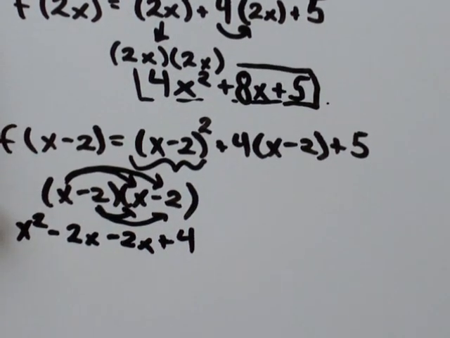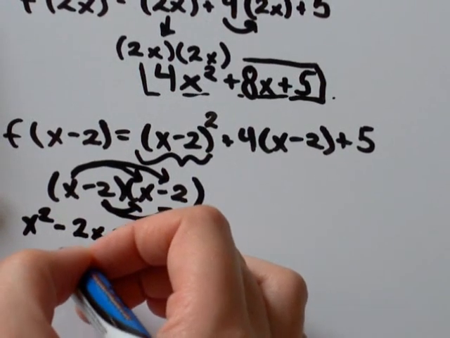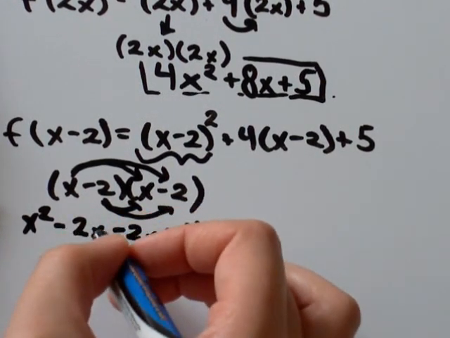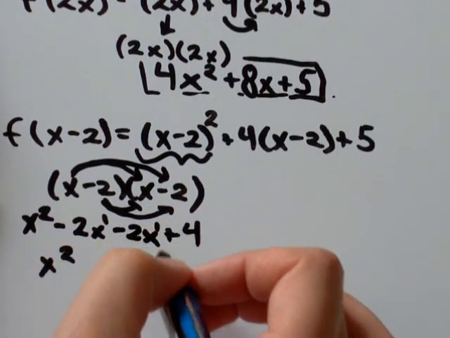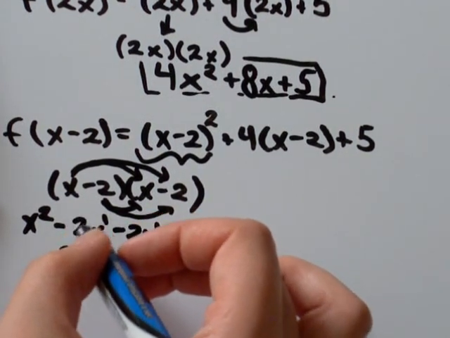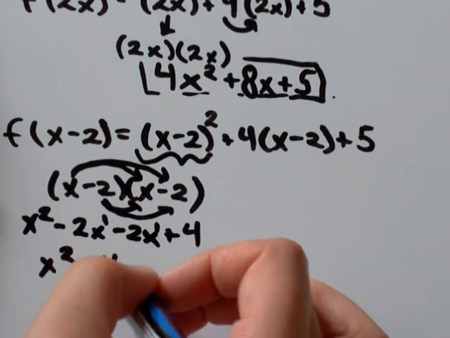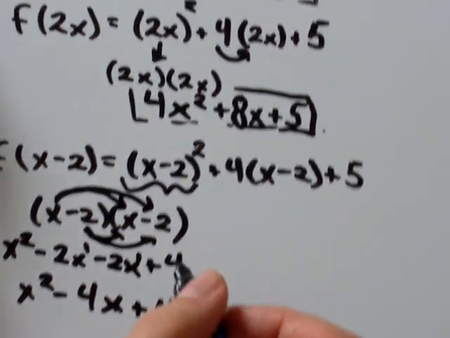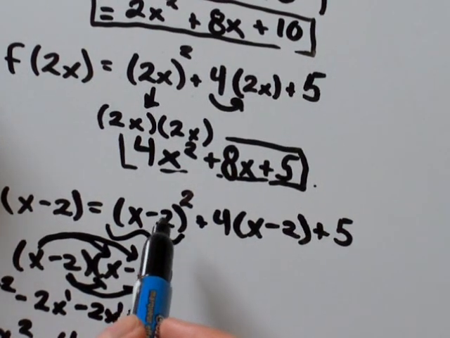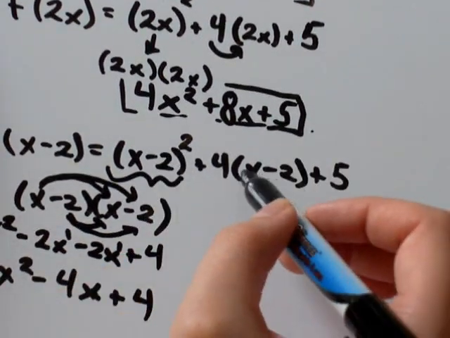And so let's simplify that a little bit. We've got x squared, negative 2x minus 2x. Those are like terms. We've got x just to the power of 1 in each case. Negative 2x minus 2x would just be negative 4x plus 4. Okay, so that was just the first part right there. So now let's do this guy.